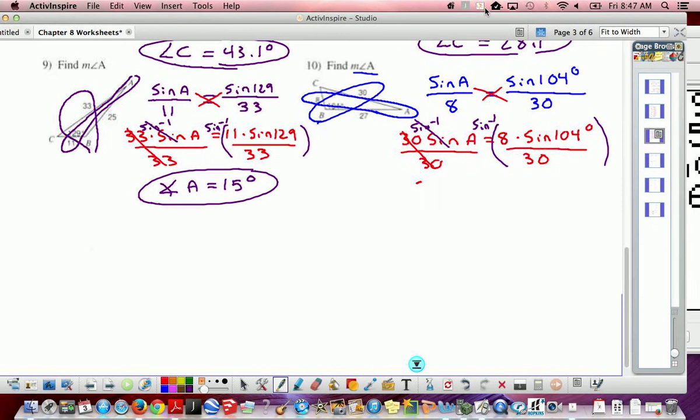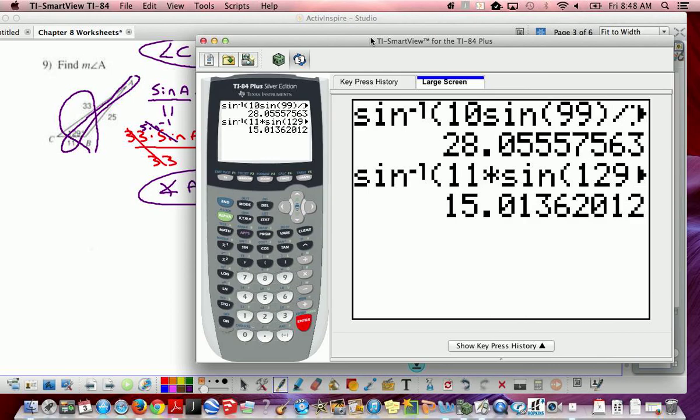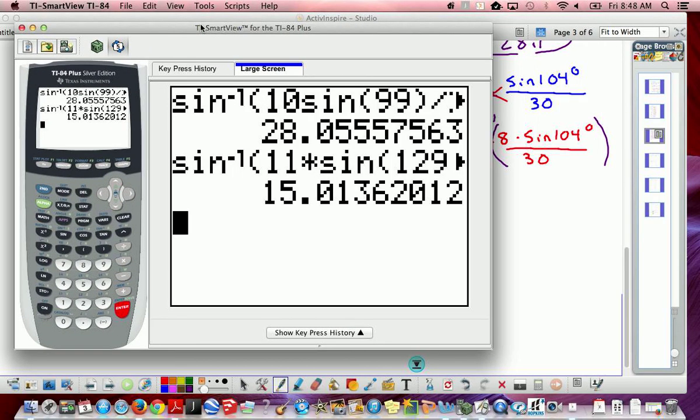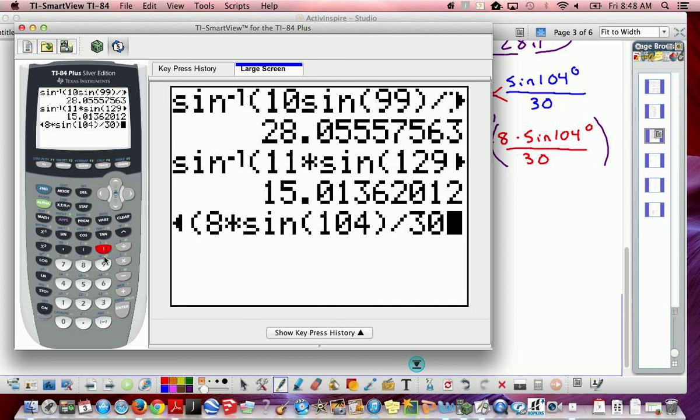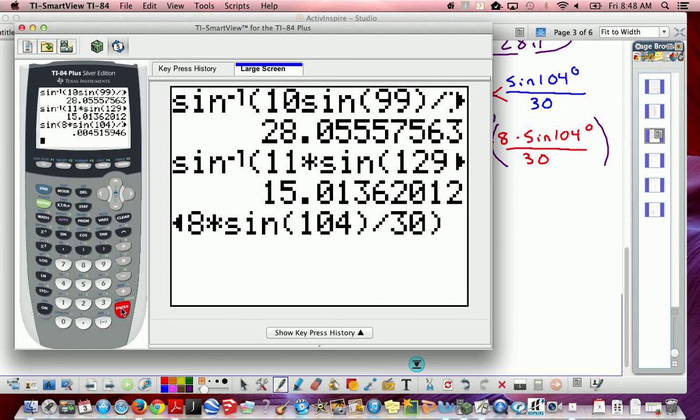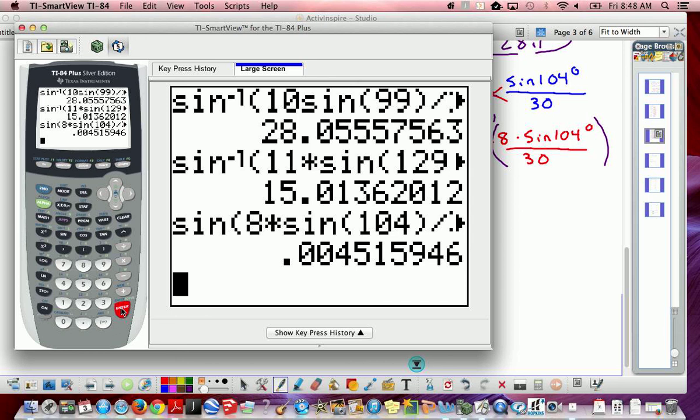Whoops, grabbed the wrong one there. Let's try that again. So second sine, 8 times sine of 104, close parenthesis, divided by 30, close parenthesis. Oh, I did it again. How about second sine?